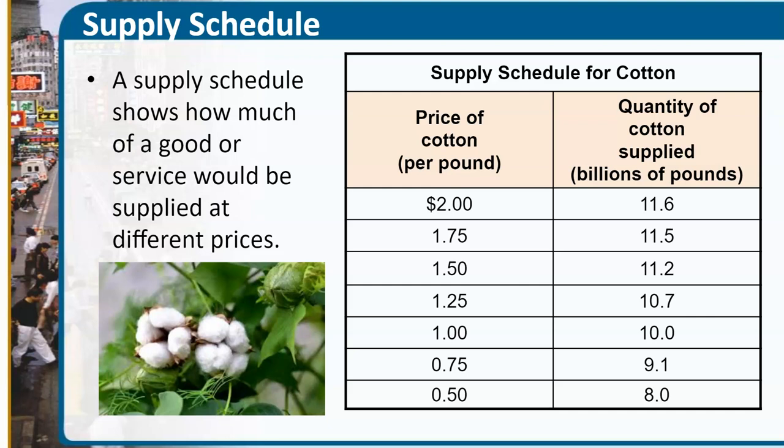And notice that the law of supply tells us that if the price of a good goes up, the quantity supplied will also go up. If the price of the good goes down, the quantity supplied will also go down. Price and quantity supplied are moving in the same direction. We didn't see that in the demand schedule, but we do see that here with the supply schedule, and that's going to create the upward sloping supply curve that we see.